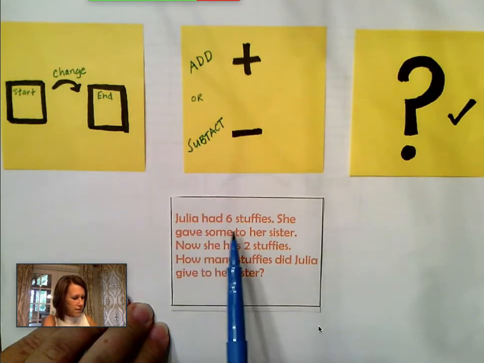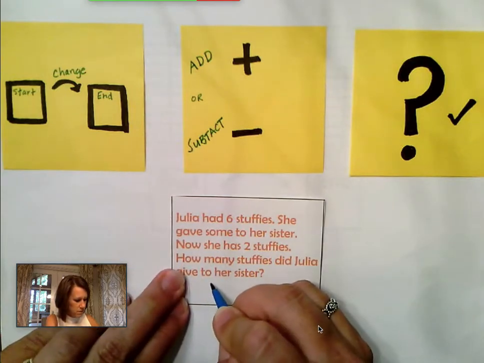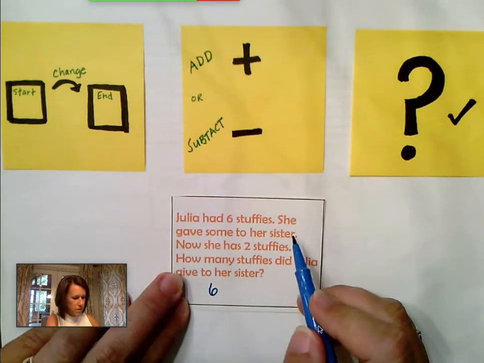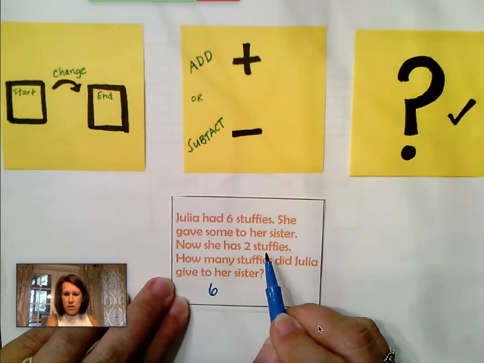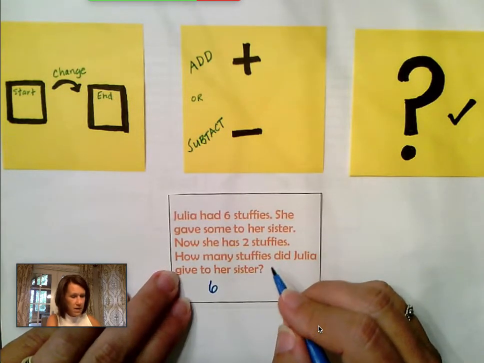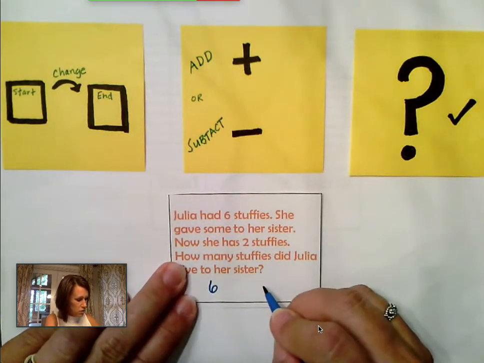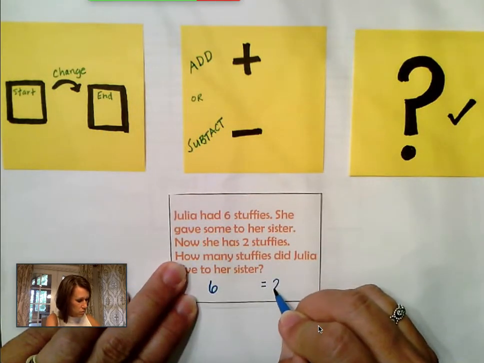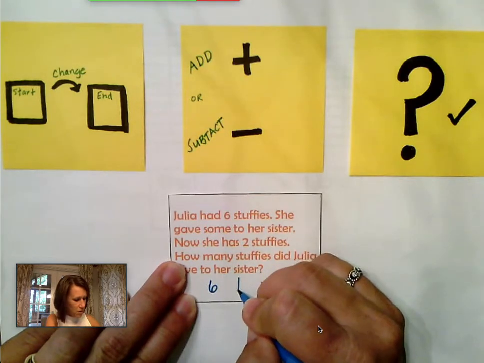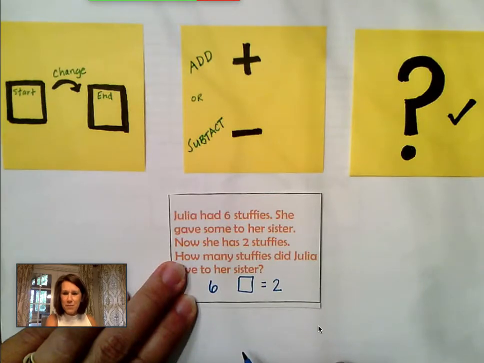Okay, so she had 6 stuffies. That's how she started. She gave some to her sister. Now she has 2 left. In the end, she has 2. We don't know what changed. That's what we're trying to solve.